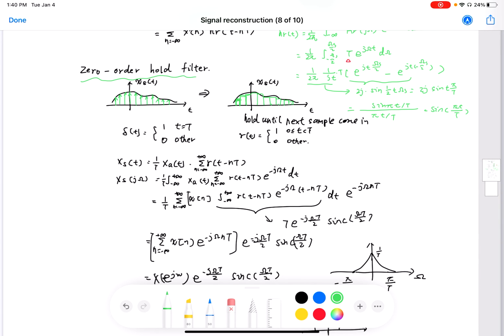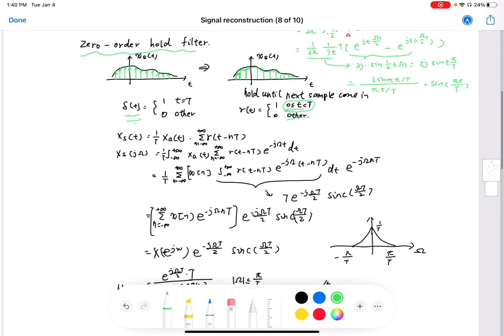So here we change the sampling signal delta(t) to the rectangle signal. This is r(t), equal to 1 in the sampling interval. Similarly, like using the summation of delta function, now x(t) equals 1 over T xa times the summation of r.